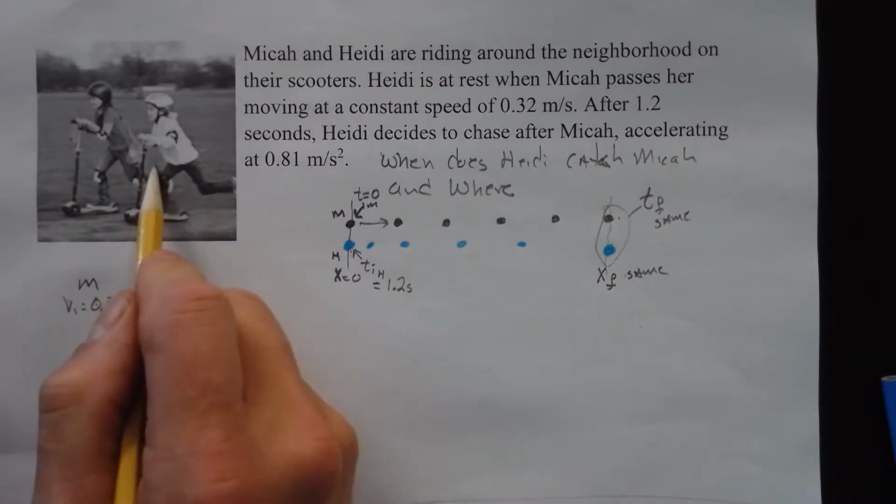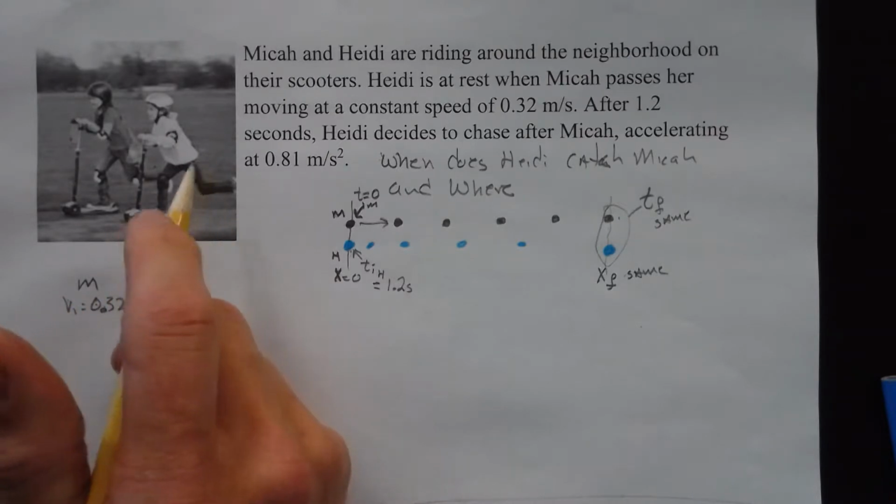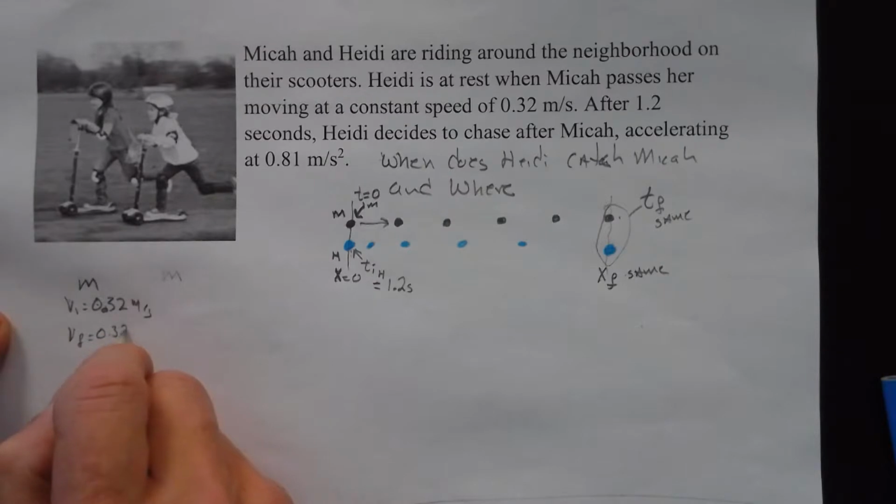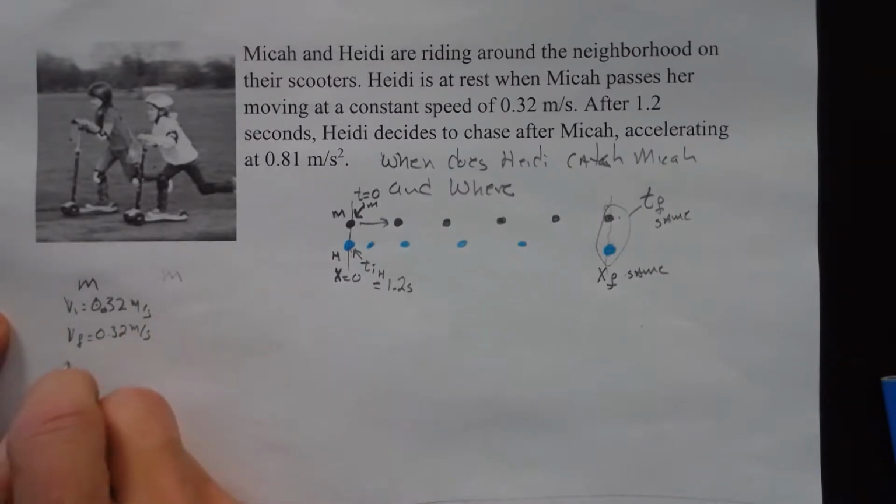I know the picture shows them going left; I forgot to flip it. Her velocity final is the same, 0.32 meters per second. Her initial position is what I called 0, her final position is what I called x final, and her acceleration is 0.